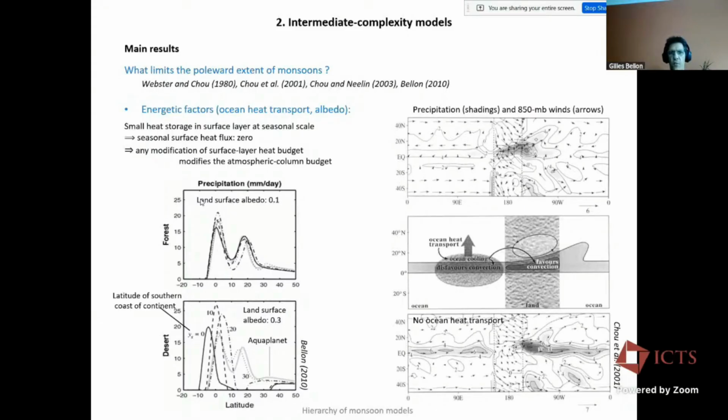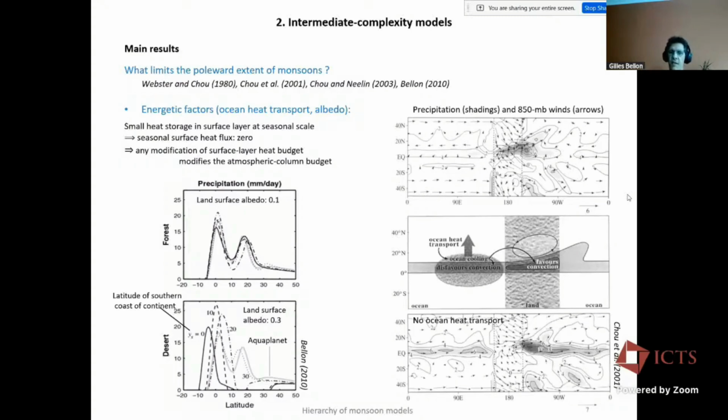And so what we found with this work is that, of course, you have, again, just like in the minimal model, energetic factors that favor or disfavor convection over land. So in the case of this work by Xu et al. in 2001 with the QTCM1, what they did is that they imposed ocean heat transport. And of course, when you look at seasonal scale, your heat storage in land surfaces is very small.